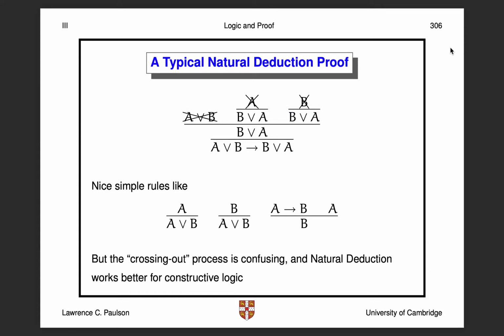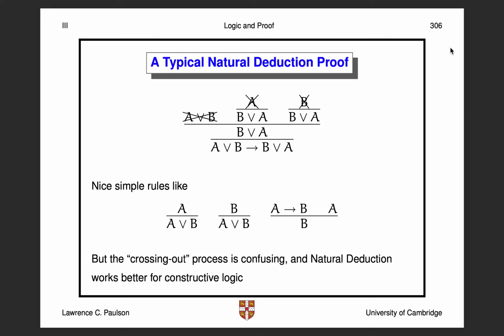We're not going to talk about natural deduction very much in this course, and the purpose of this slide really is to show you why we're not. So here is a proof, and you don't need to understand this proof. I haven't really equipped you with the rules needed to do this proof. The most important thing to see is there are things crossed out in the proof, because the way one works with natural deduction is you assume things, you use them, and after you've used them, you cross them out at a particular point in time.